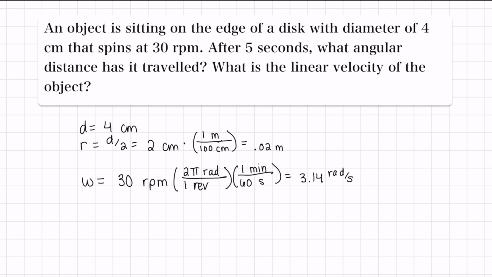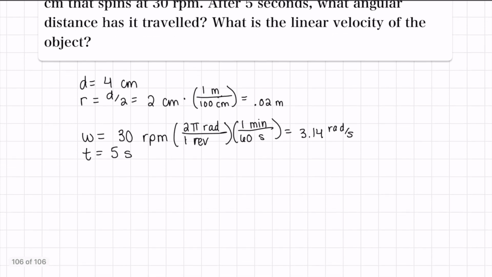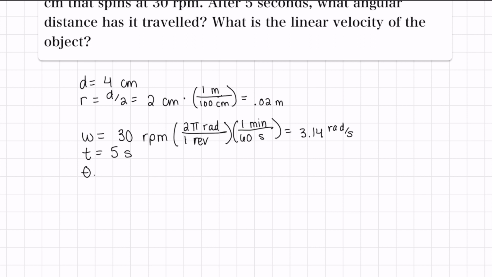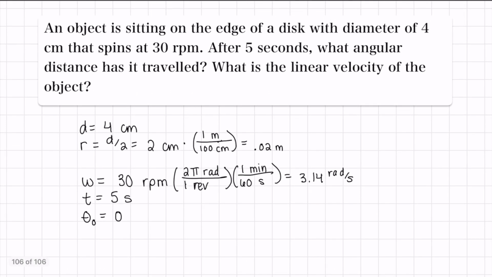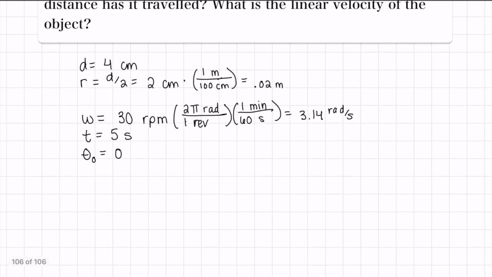And then the last given we have is going to be our time. So we have t equals 5 seconds for the first question that we're being asked. So we're going to solve for the angular distance it's traveled if we assume that our initial position we'll call 0, which is pretty standard. I also didn't say, but we can assume that since it says that it's spinning at this rate, we don't have an alpha in this case, so our alpha will also be 0.